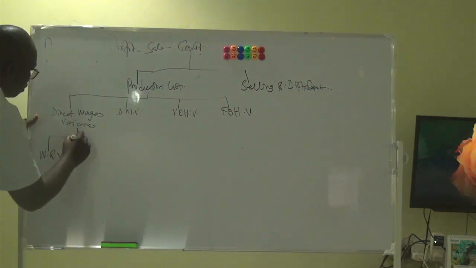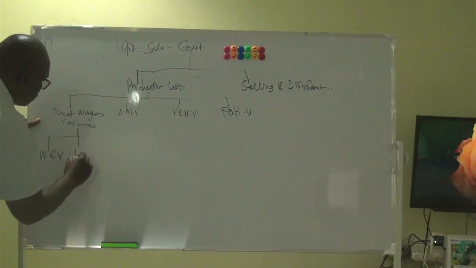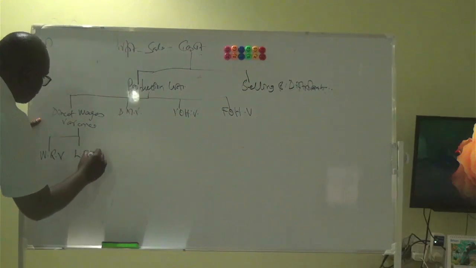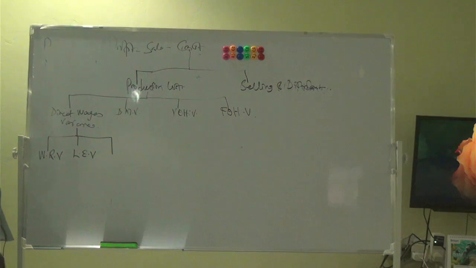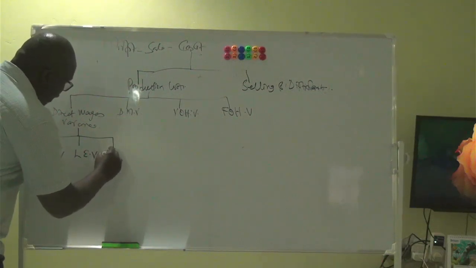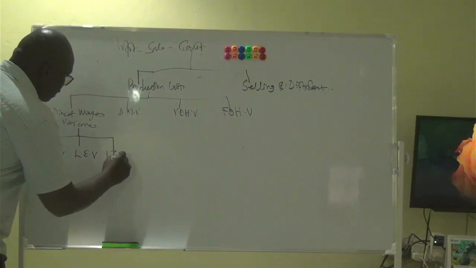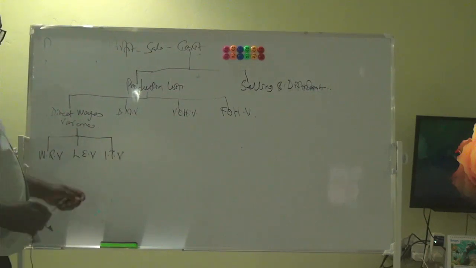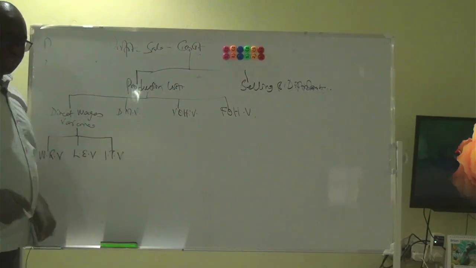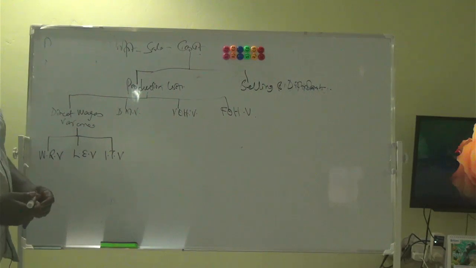Then we talk of labor efficiency variance, and lastly, we talk of idle time variance. So we have the wage rate variance, the labor efficiency variance, and the idle time variance. Then the direct material cost is a component of two also.